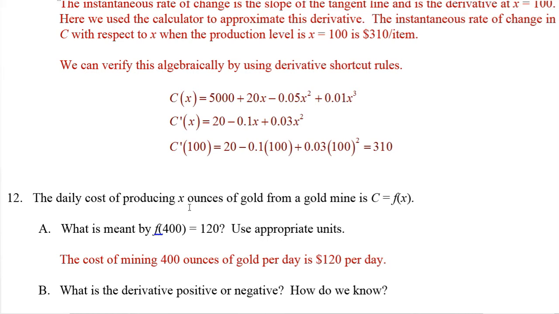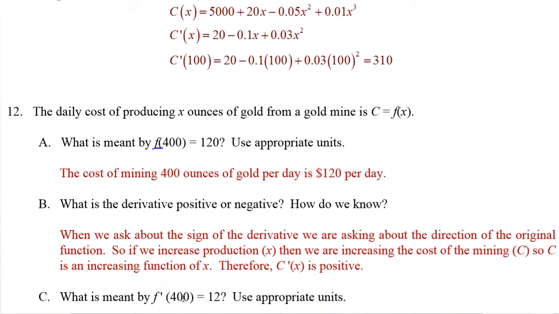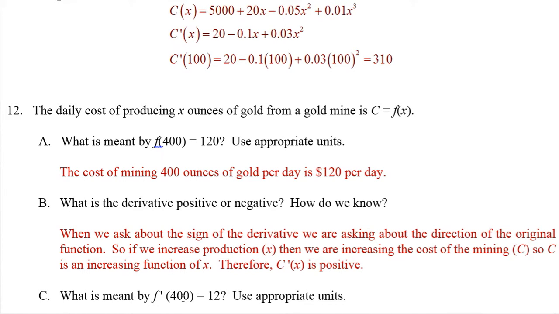Well, if we increase the number of ounces of gold that we're extracting, then that's going to increase the cost. So C is an increasing function of x, so therefore it must have a positive slope, a positive derivative. So the sign of the derivative is positive. So that makes sense for this to be a positive 12 here.